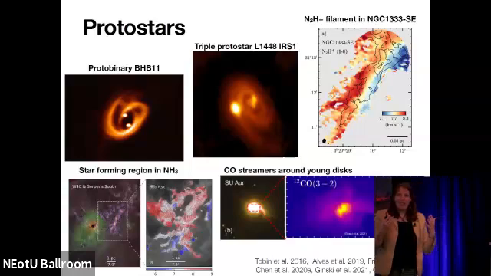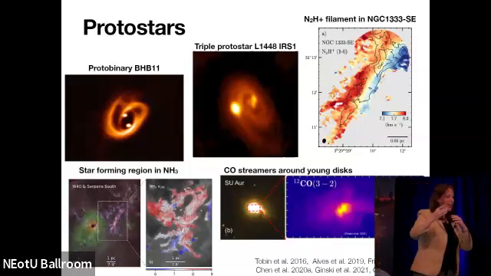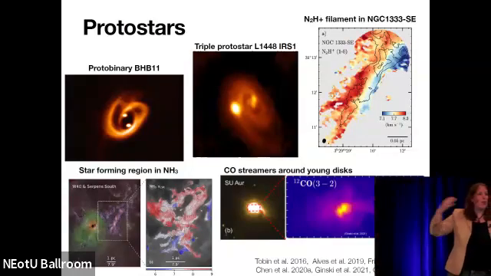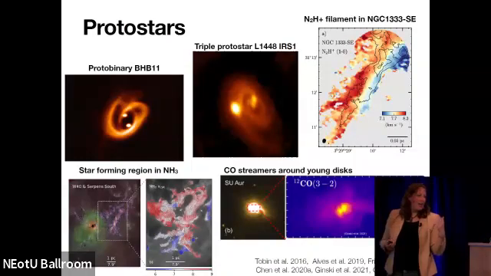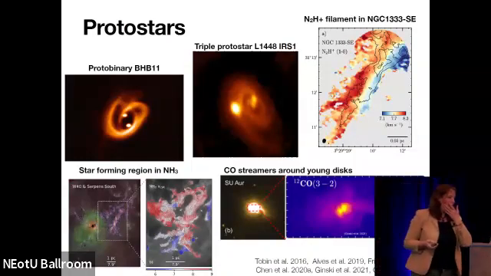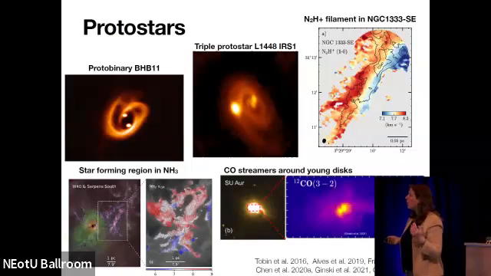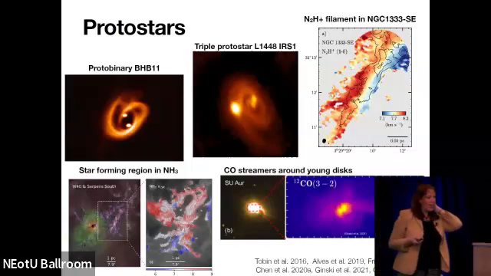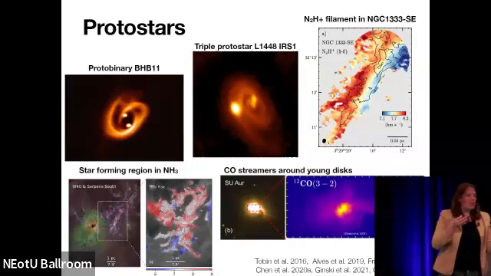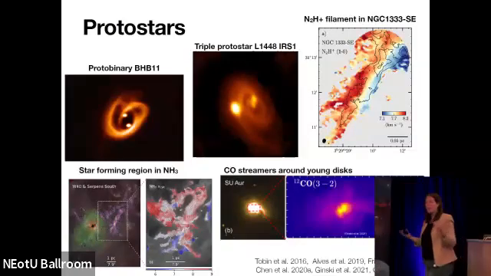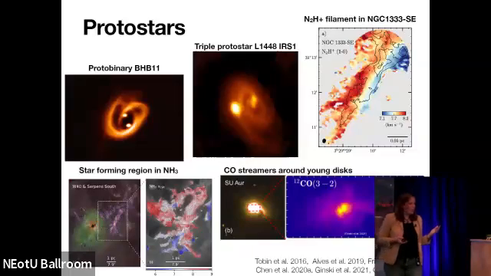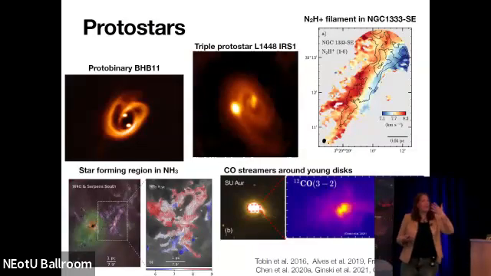Protostars are complex systems with streamers, often with multiple components forming together, feeding each other. We can study them both in the dust continuum, but also in various molecular components like N2H+ and NH3. All of these components give us information about the process of star formation and the continuous feeding of the protostar as it is forming.